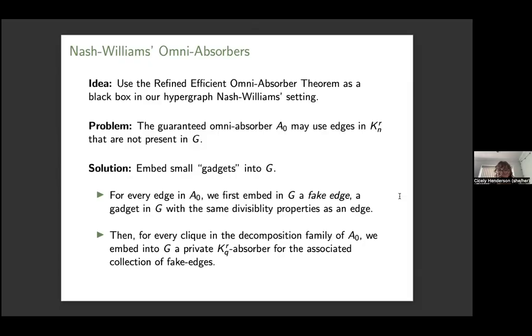It's a subgraph or a gadget in G that has the same divisibility properties of an edge. And we're going to find them in G using the edges we actually have.